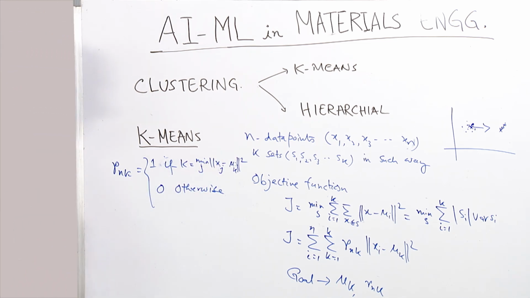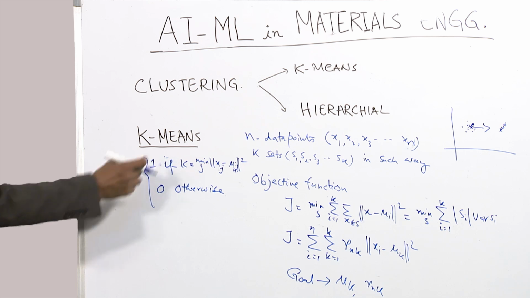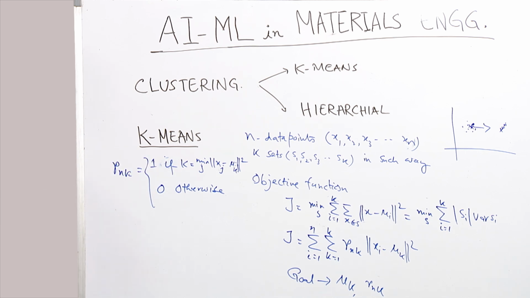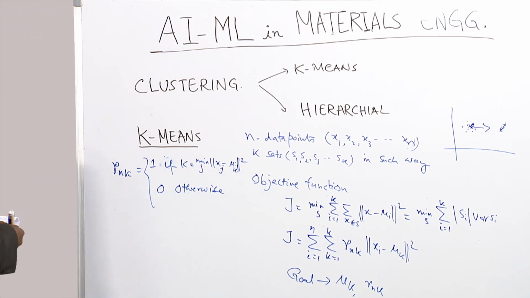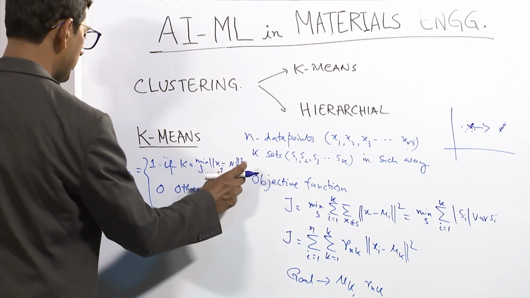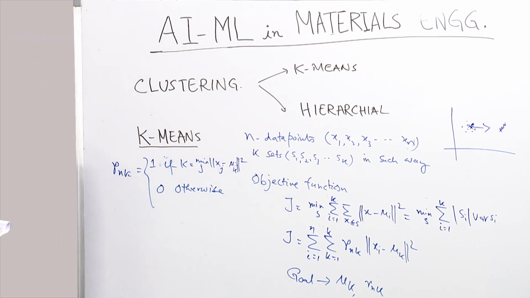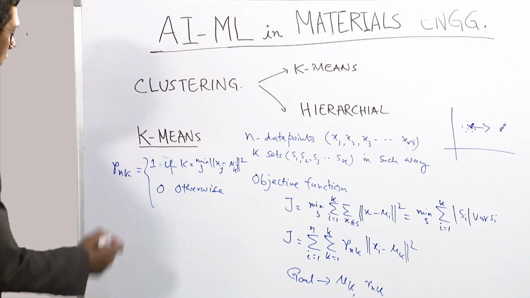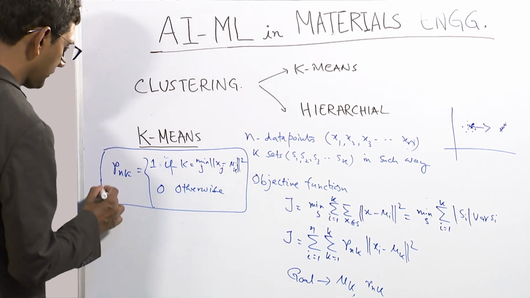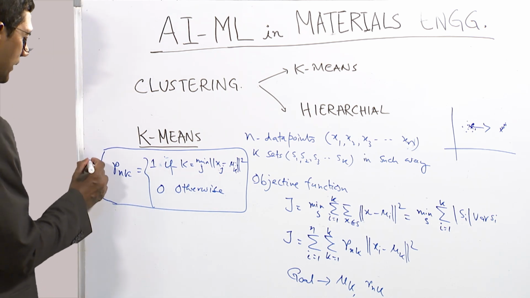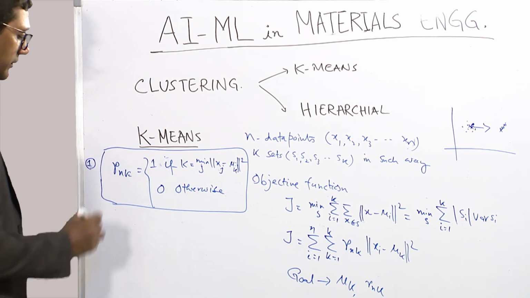Then it is part of the cluster, so Rn k becomes 1. That is very easy. So, we choose the value of k that provides this minimum distance, and otherwise it is 0. So, that is the way to find out Rn k. First we find Rn k, this is my first target.